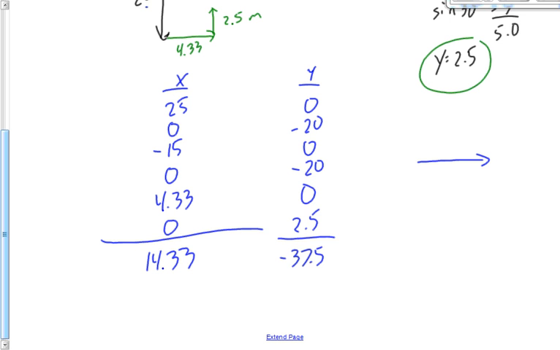I've got 14.33. I've got 37.5. We know what to do with this. Do the Pythagorean theorem like we have for probably 5 or 6 questions thus far. Is that okay?